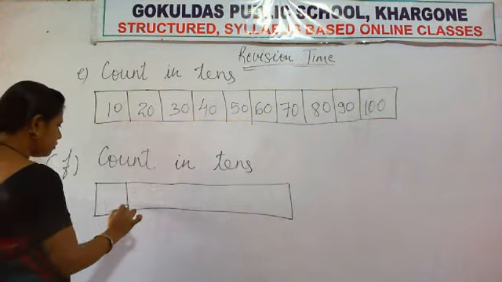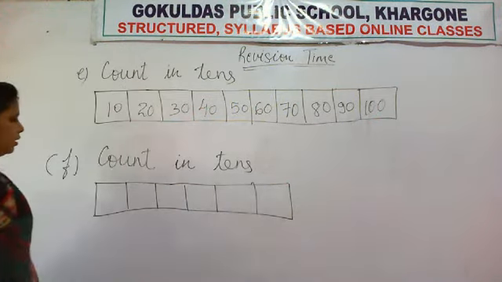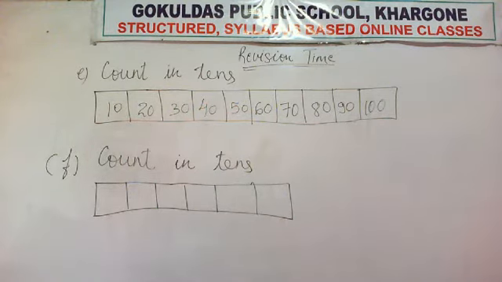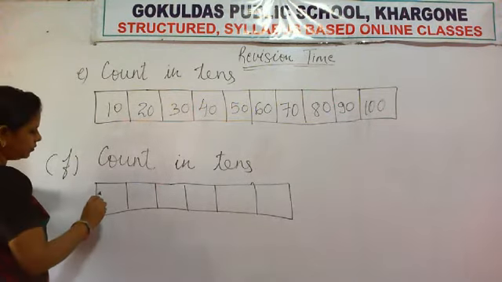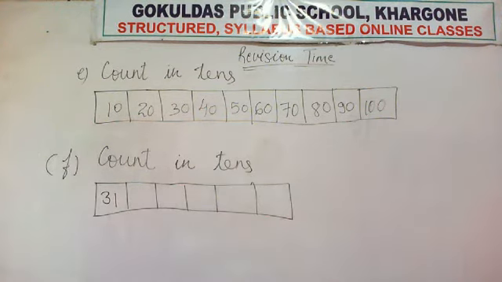Try to solve this. 31. Now try to solve and write the numbers after counting in tens.